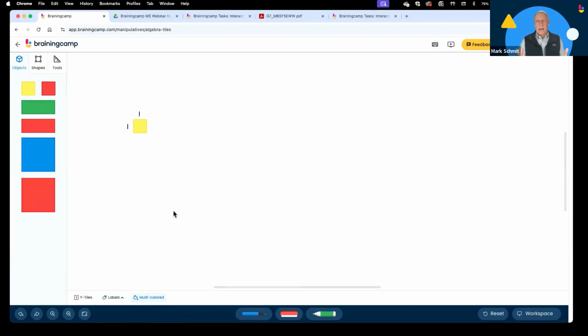Now, algebra tiles are an area model. There's rectangles based on area. So if I know that this yellow is 1, now what does this green bar or rectangle represent? Well, I know that this distance is 1, and I know you're going to have kids that say, okay, well, if this is 1 here, it looks like it's about 4.